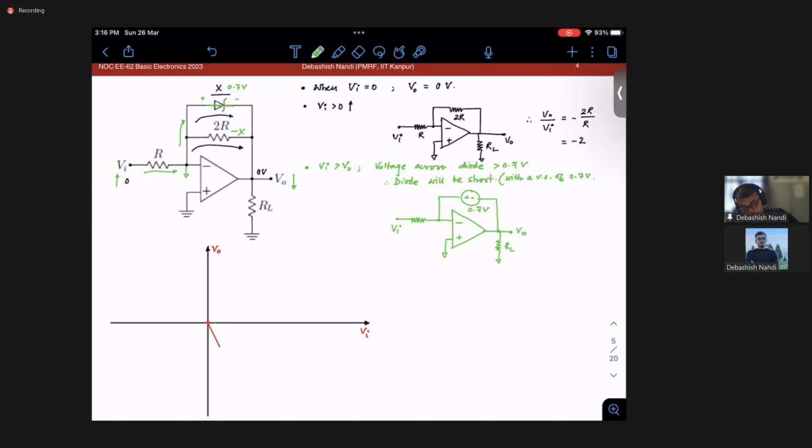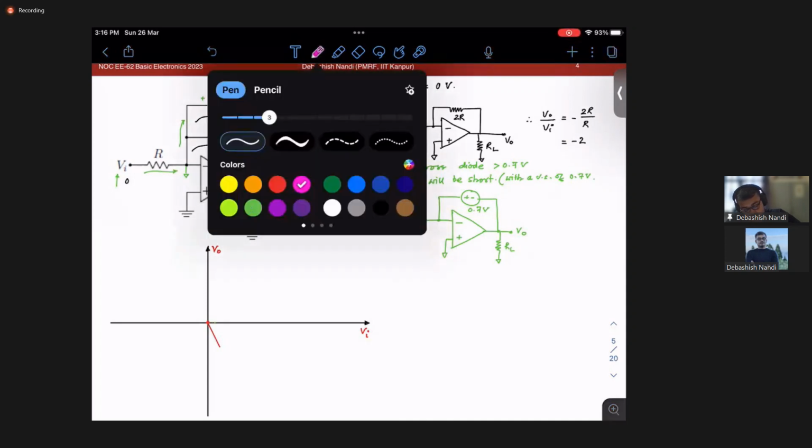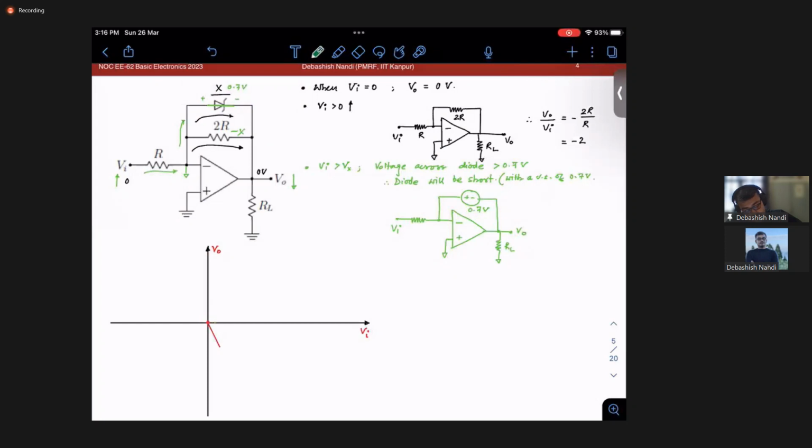So you see, now what do you have? What configuration are you having? Let's say you have a virtual short here through this negative feedback path, right? So what is your V out then?